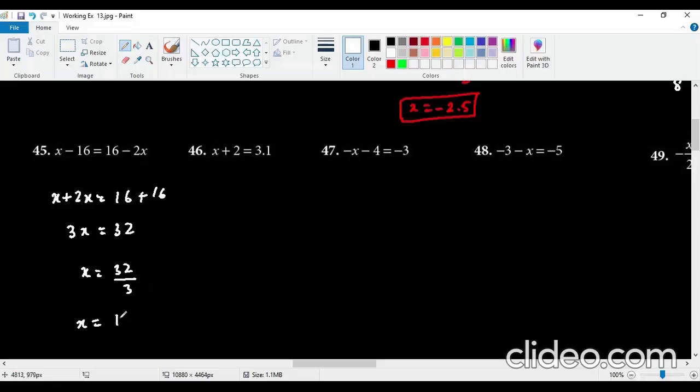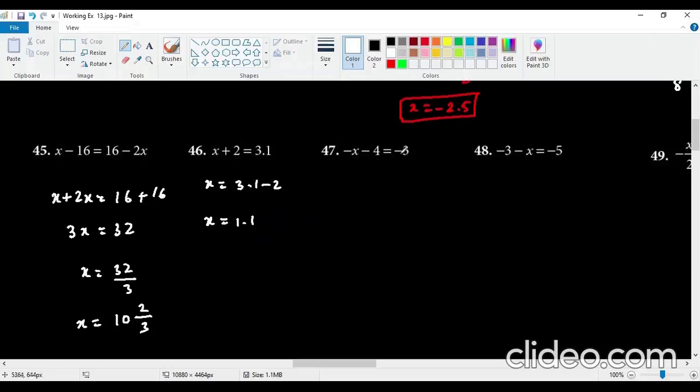So whole number is 33, and 1, so we can say 3 times 10 is a 30, and 2 is the remainder. So you can change this to a mixed fraction. In here it is 3.10, and x equals 3.1 minus 2 is going to give us a 1.1 as an answer.